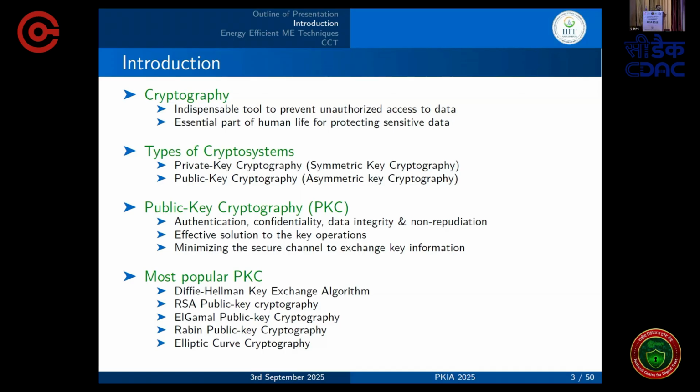In 1975, Diffie-Hellman put forward the concept of public key cryptography to minimize the need for a secure channel to exchange information between two parties. Since then, many cryptographic techniques have come into the picture, out of which the widely used ones are the Diffie-Hellman key exchange algorithm, RSA public key cryptography, ElGamal public key cryptography, Rabin cryptography, and elliptic curve cryptography.